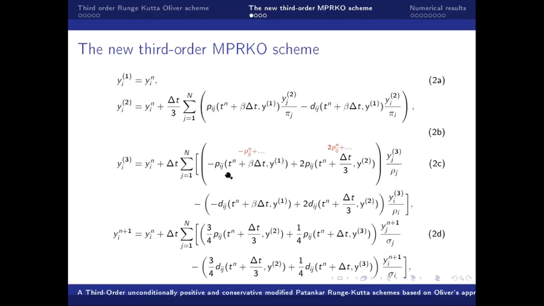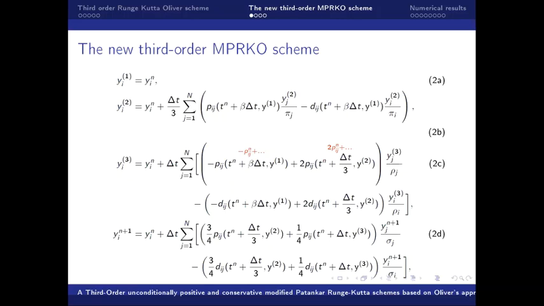If you have a negative Runge-Kutta parameter, then your production term becomes a destruction term, and vice versa: your destruction term becomes a production term because now its sign is positive.